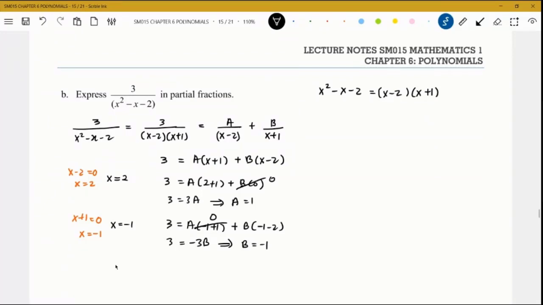Okay, so the final solution is 3 over x square minus x minus 2 equal to, our a is 1, 1 over x minus 2, and then b will be minus 1 over x plus 1. So we replace a with a equal to 1 and b with its value, negative 1.